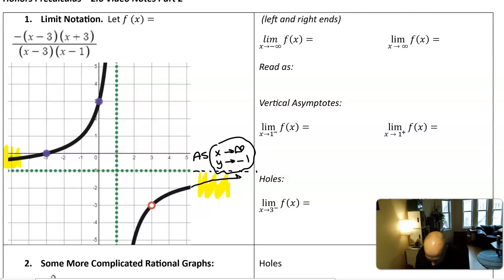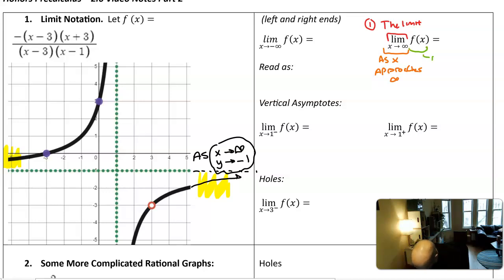So how do you say this? Well, let's take a look at what this says. First, that little lim is read as the limit. That's the first thing we read. Then the next thing we read is right down here. We say, as x approaches whatever value it is, and in this case it's infinity. Then we say, what is the function?